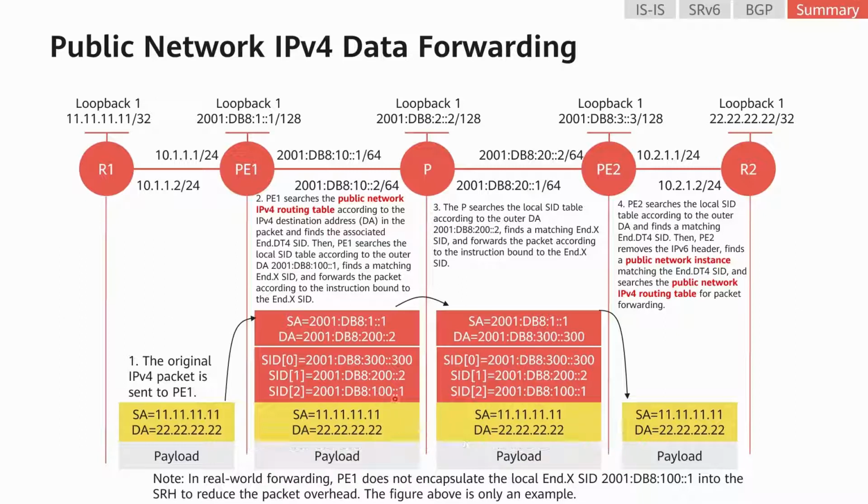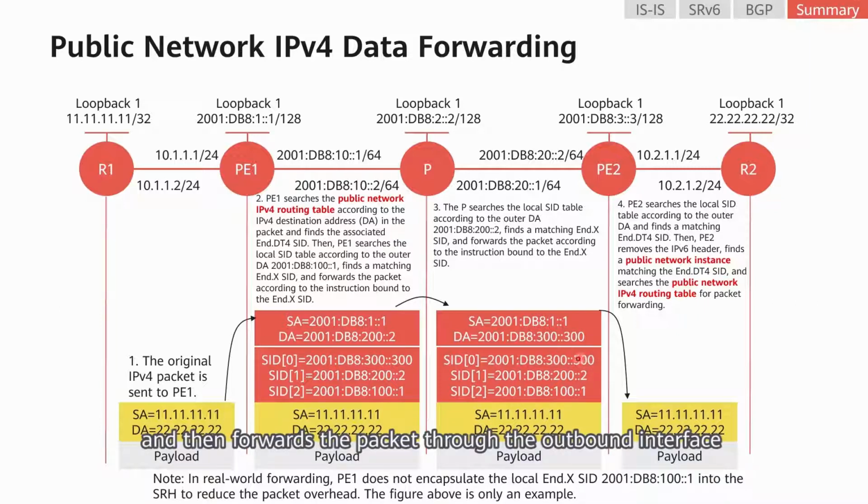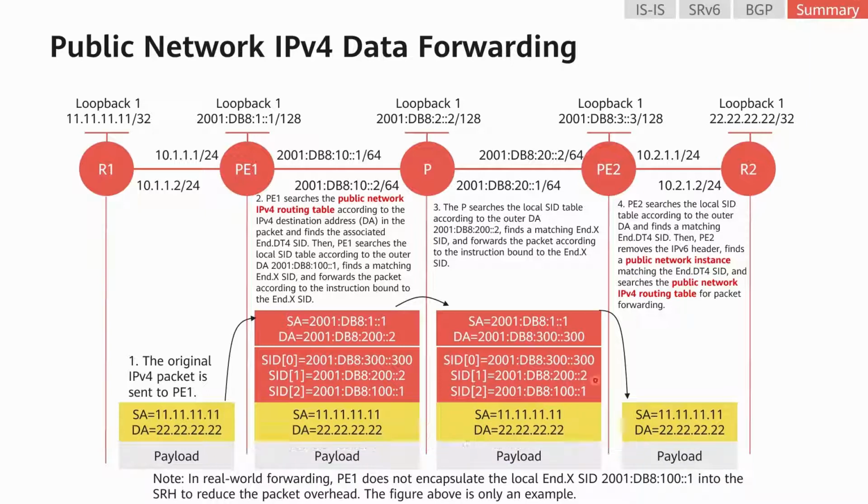The P searches the local SID table according to the outer destination address and finds a matching End.X SID. According to the instruction bound to the End.X SID, the P decrements the SL value by 1, changes the destination address to this one, and then forwards the packet through the outbound interface bound to the End.X SID.